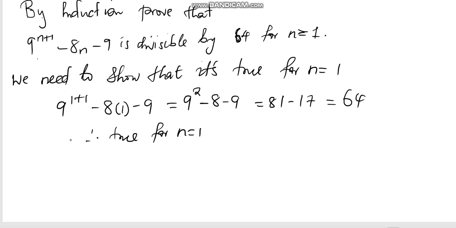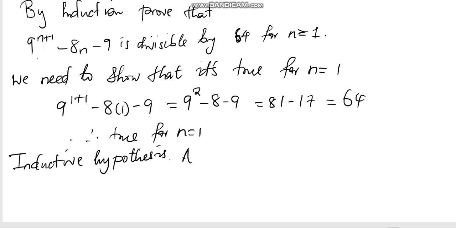Okay, so now if it's true for n equal to 1, we go to the inductive hypothesis. On the inductive hypothesis, we make an assumption where we assume that it's true for n equal to k.